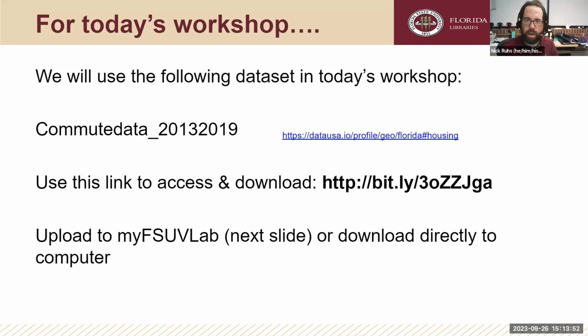I have a copy of this data set located in a folder here. If you would like to follow along, I'll paste the bit.ly in the chat so that you can access it, or have it for later access.